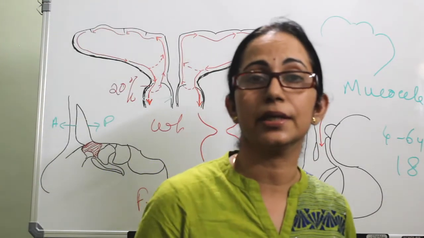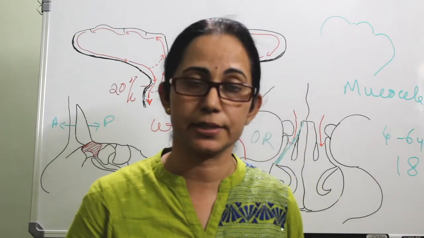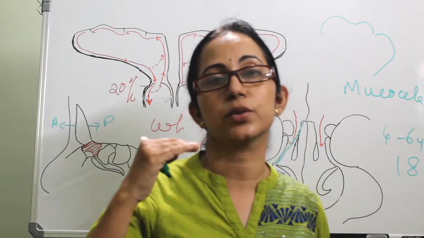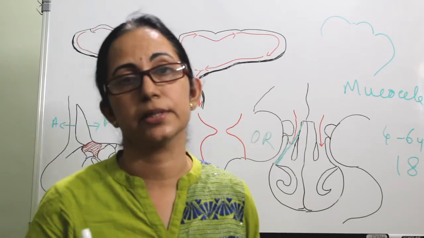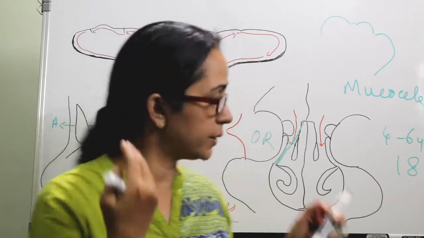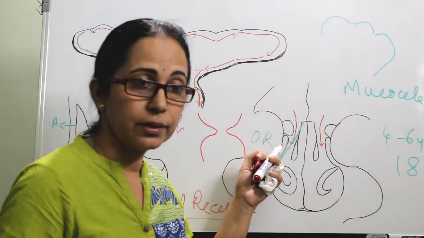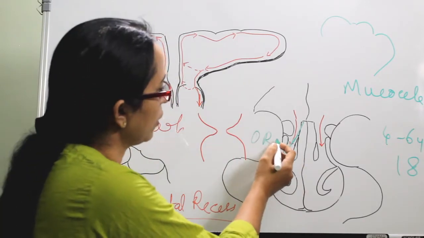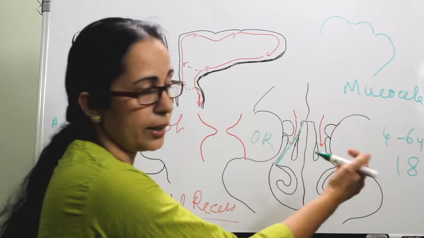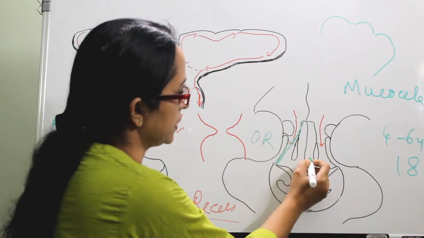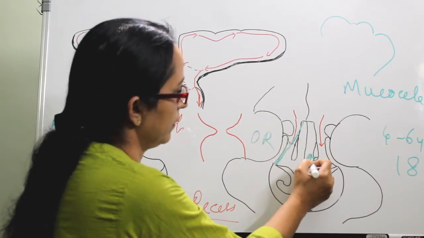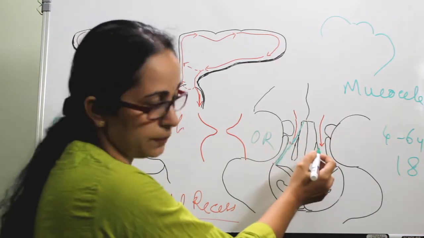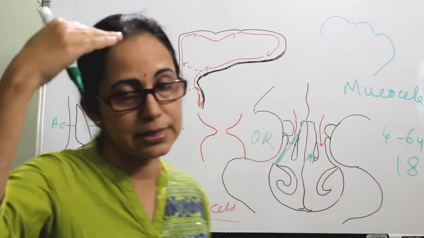So there are three attachments, the superior attachment of the uncinate process. Inferiorly it is always attached to the inferior turbinate. Superiorly it can go either to the medial wall of the orbit, or it can attach to the middle turbinate, or it can go to the skull base.